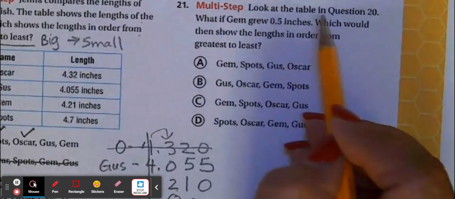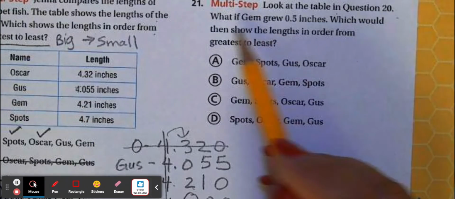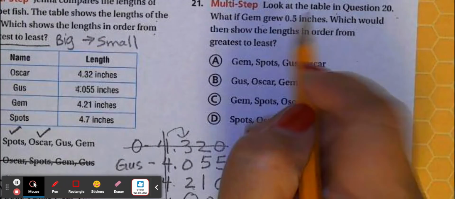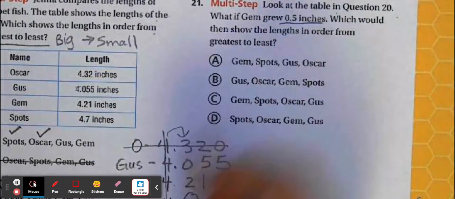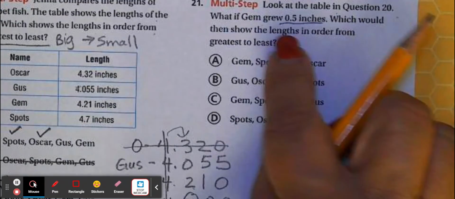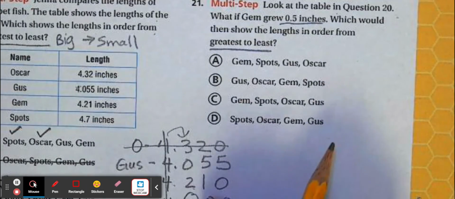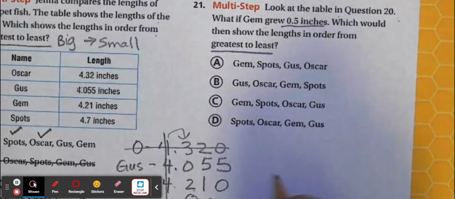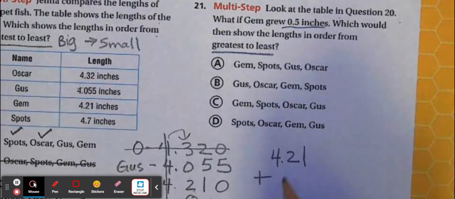Now it says to look at the table in question 20. What if Jem grew 5/10 inches? Jem is 4 and 21 hundredths, so I'm going to take that out and add 5/10 to it.